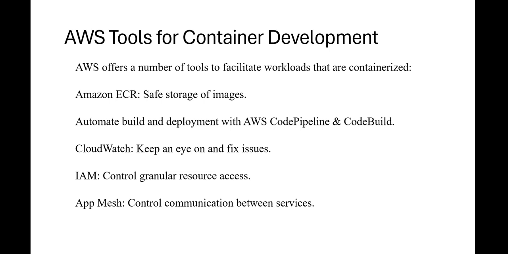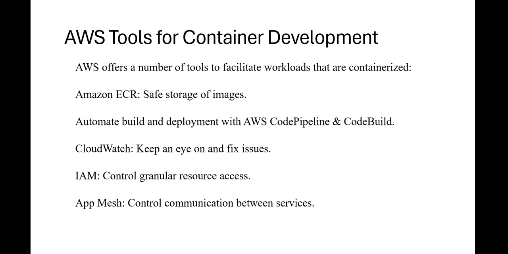And next one is AWS tools for container development. AWS offers a number of tools to facilitate containerized workloads. First one is Amazon ECR, safe storage for images. Through Amazon ECR, we can save the images.